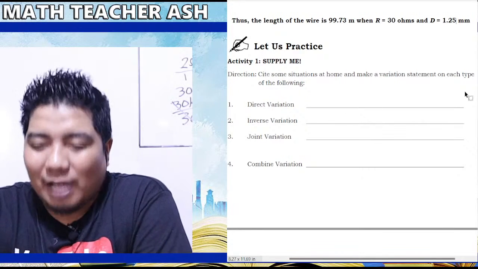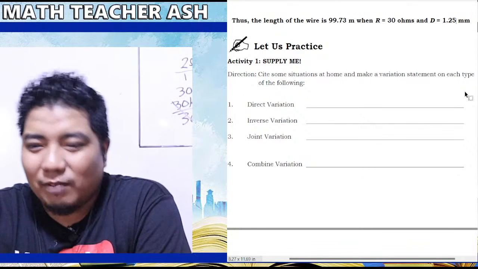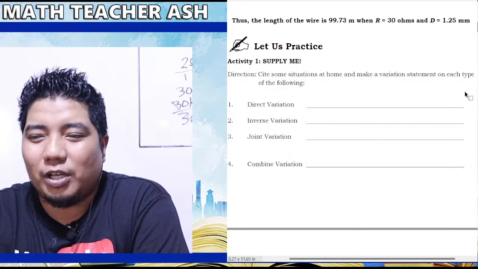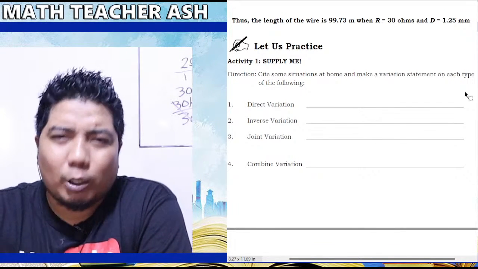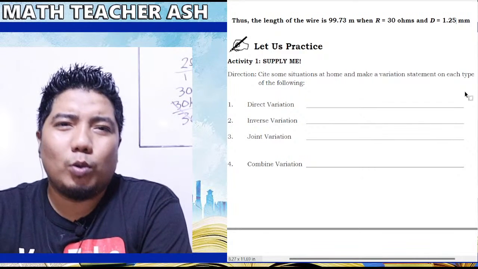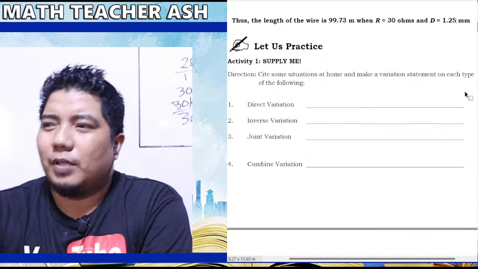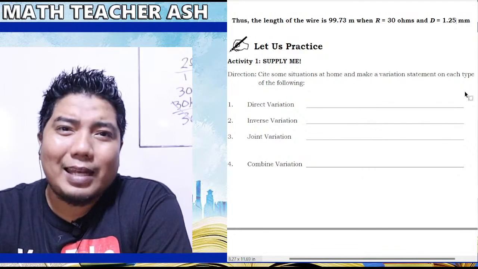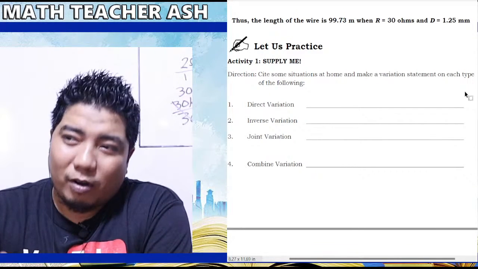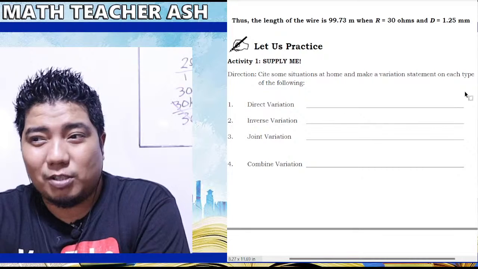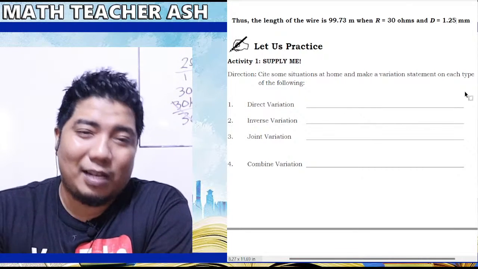Alright. So, ganun lang din. Gawa kayo ng isang statement sa inverse, gawa kayo ng isang statement sa joint, gawa kayo ng isang statement. So, kahit saan dyan, pwedeng sa oras ng pagtulog ninyo, pwedeng sa pagluluto ninyo ng kanin or ng ulam, or sa number of hours na ginagamit ninyo sa panonood ng TV or paggamit ng cellphone.